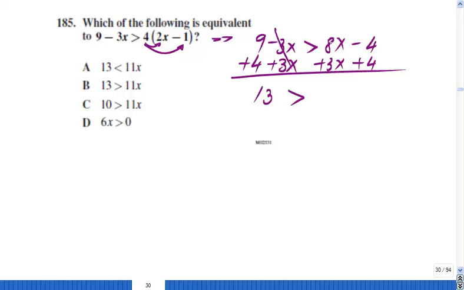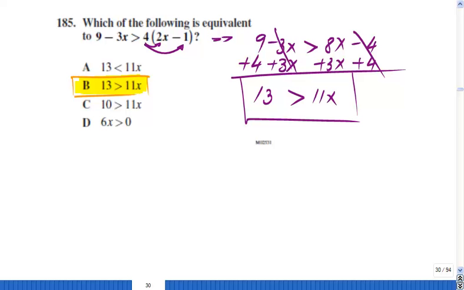The inequality sign does not change. 8x plus 3x is going to be 11x. Minus 4 plus 4, 0. And this is your answer. Which one is the same? B, right? B seems to be the answer. You guys are done. You move on.